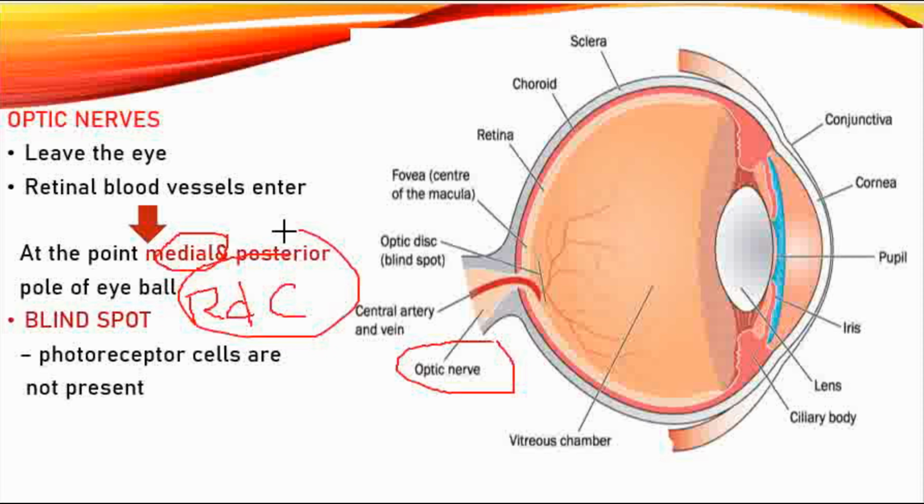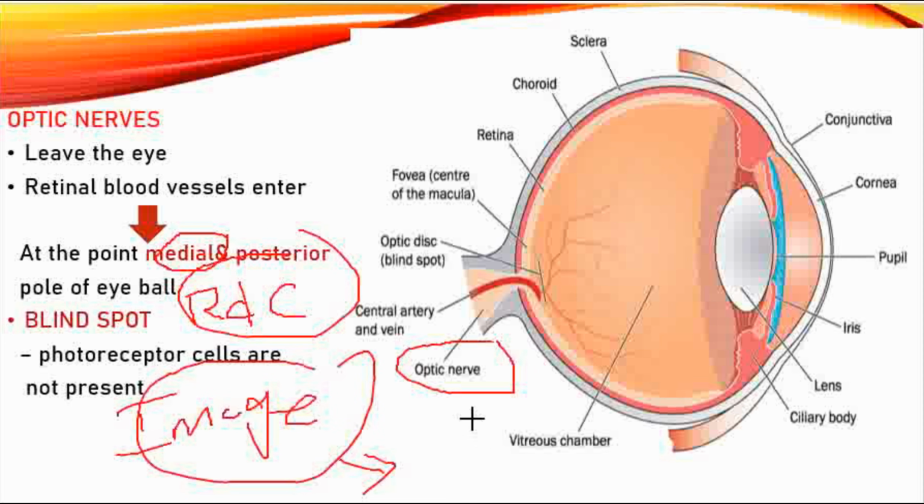It is a small portion of the visual field of each eye that corresponds to the position of the optic disc within the retina. The special quality of this blind spot is that it does not contain any photoreceptor. So there is no image detection. Image does not get detected in this part of the eye.